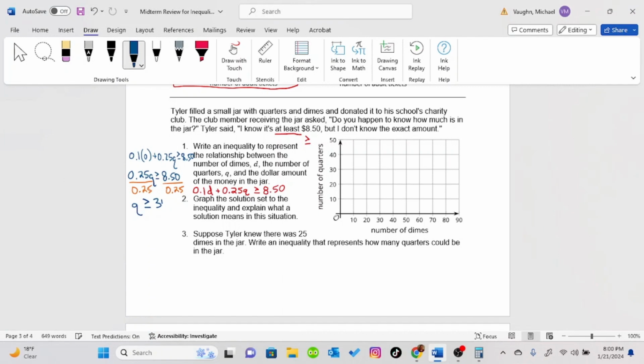So Q must be greater than or equal to 34. So we'll put our y-intercept right about here.